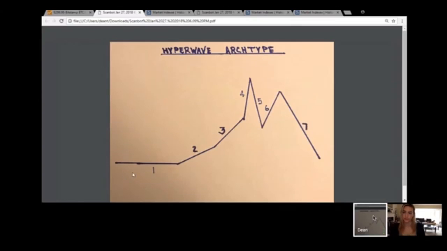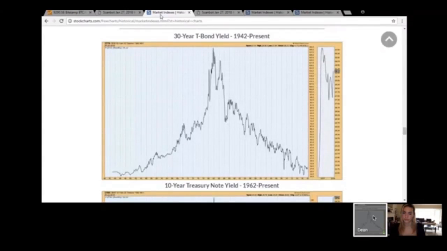It's in 7 phases, 1 through 7, with the first 4 being up, 5 being down, 6 being up, and 7 being down. The first example I'm going to point to today is the largest hyperwave that I have cataloged. And this is from 1942 all the way till today.